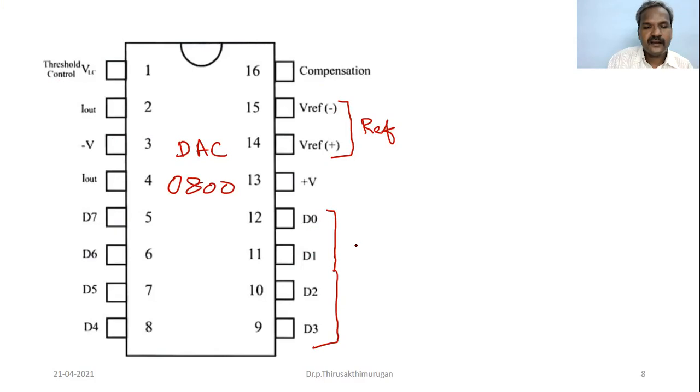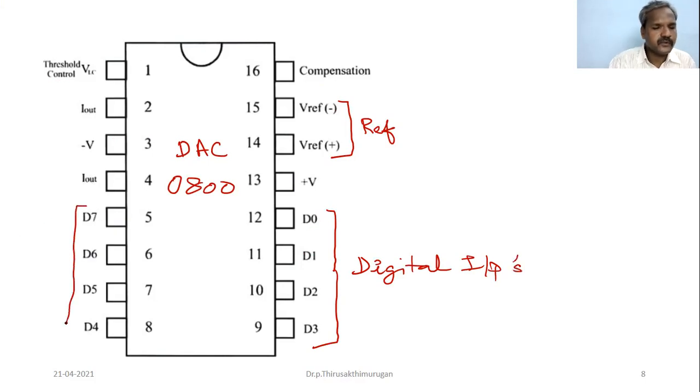So these are all inputs, the 8-bit digital inputs. So these are all digital inputs. This is the output. Actually, there are two outputs. This is I output, the output current from the chip, which can be taken out.